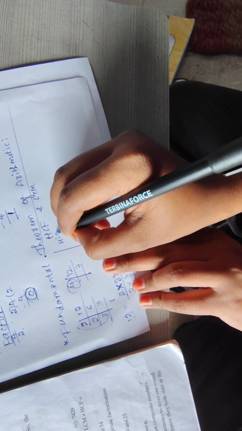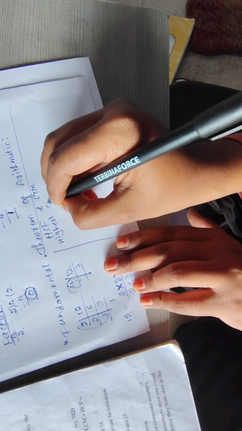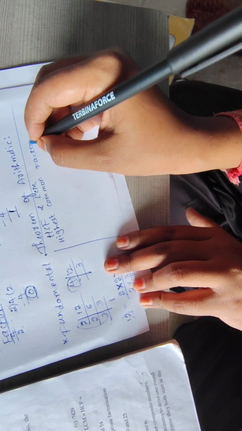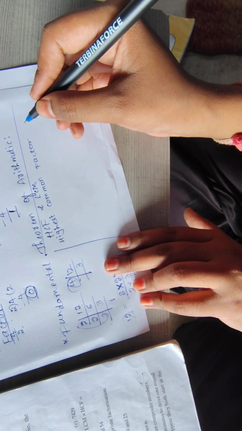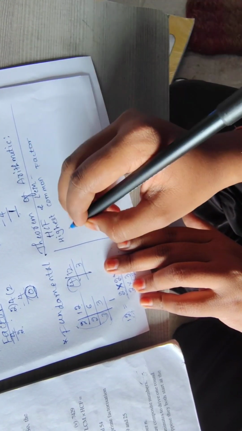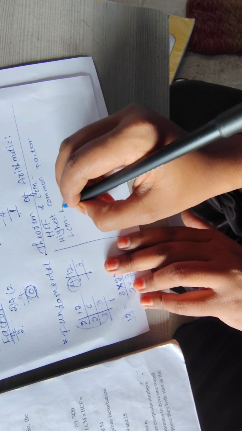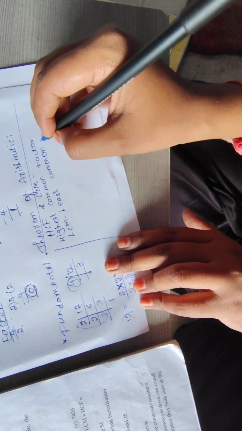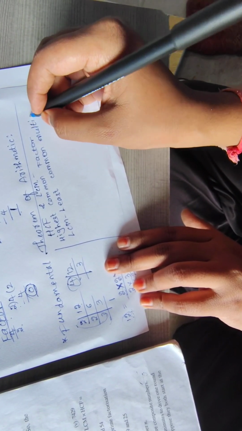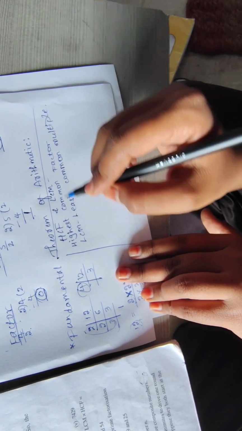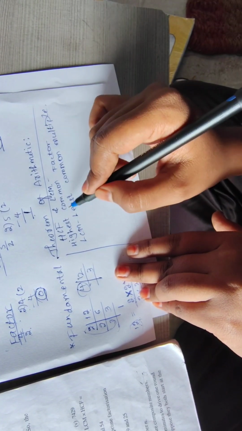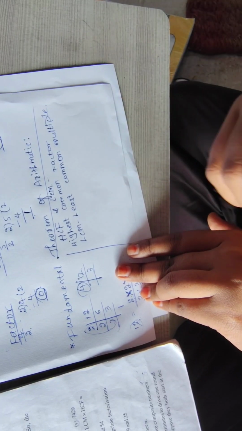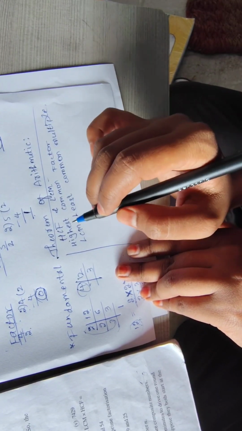HCF means highest common factor, and LCM is least common multiple. Just don't memorize the concept. First try to understand the concept clearly.